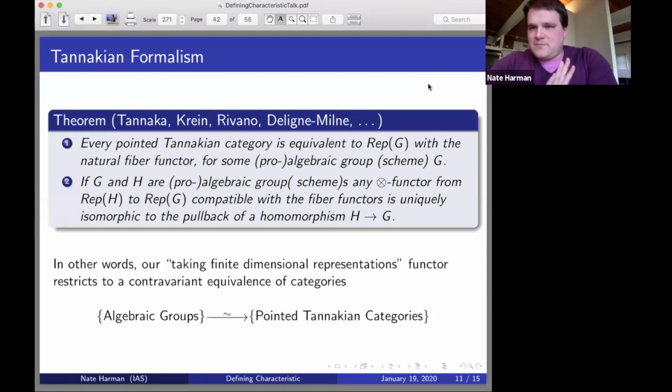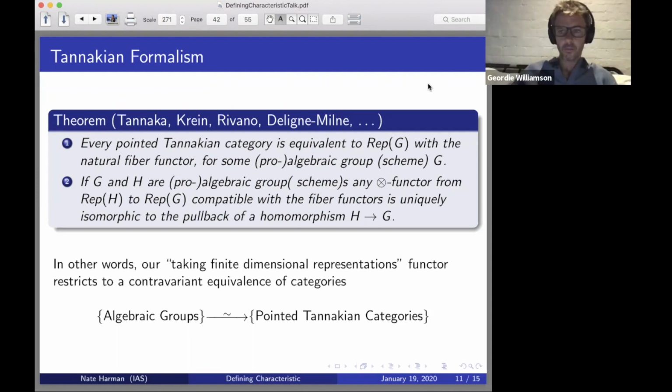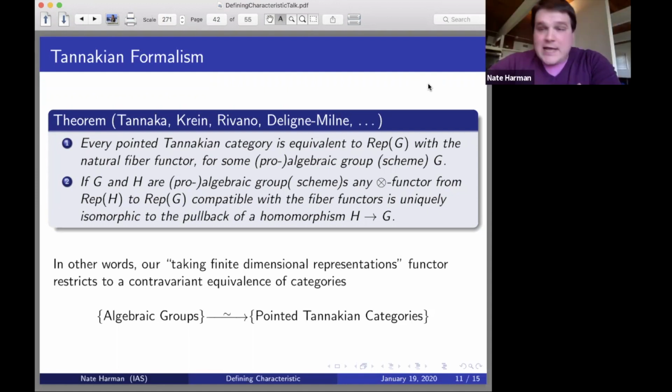Maybe let me say why I chose this word pointed, and it'll hopefully clarify why it clears up this issue you were having. I want to think of a Tannakian category without a fiber functor as follows: I have an ordinary smooth manifold, and I can look at vector bundles on my manifold with a flat connection.